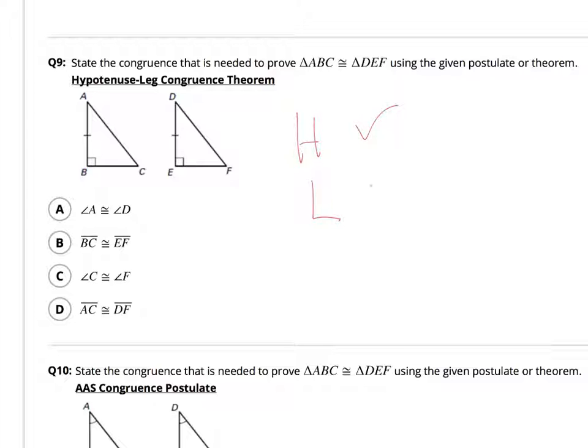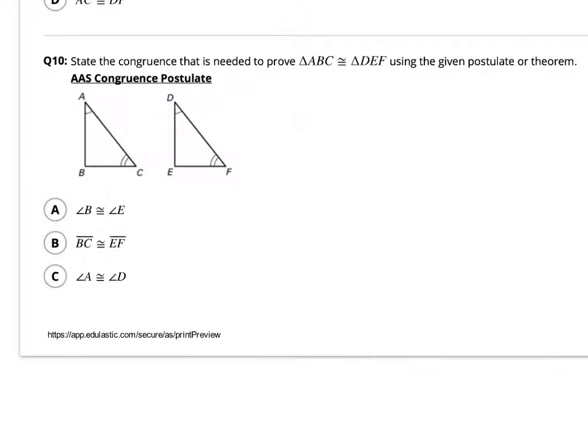You have to be able to check both of those off in order to say it's hypotenuse leg. You've got the 90-degree angle here, and a tick mark here and here. There's one piece that's missing. So which of these 4 pieces of information do we need to mark on the triangle in order to say, yep, it's HL? That's question 9.